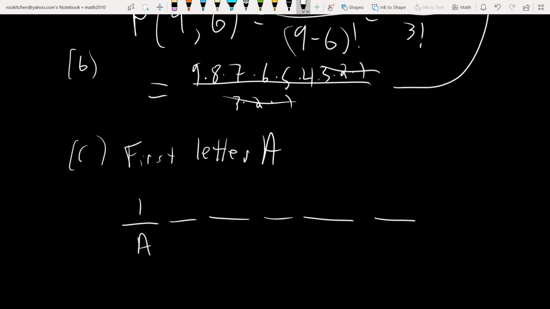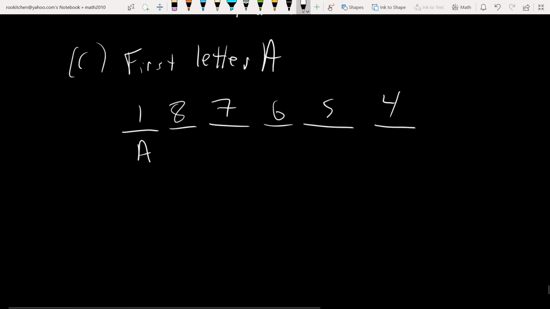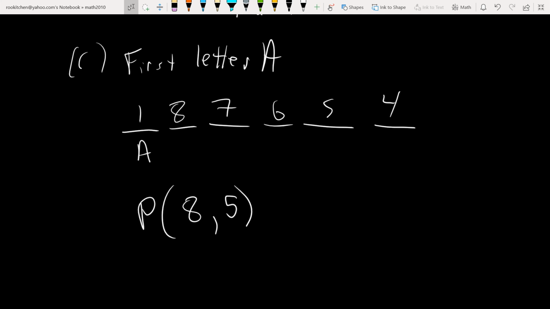After that, how many letters are left over? We're not repeating letters. There's 8 letters left, so on the next choice you have 8 possibilities, and then 7, and then 6, and then 5, and then 4. So at the end of the day, there's 8 things left over and you're picking 5 of them, and you'll get the same answer.